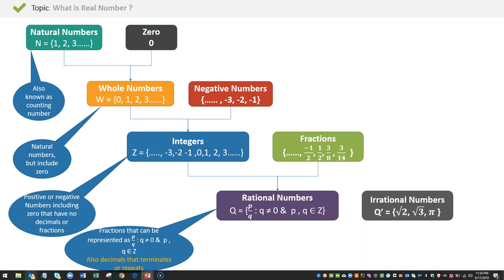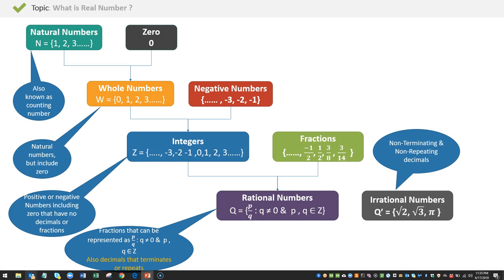Irrational numbers, generally represented as Q dash, are a combination of numbers like square root of 2, square root of 3 and pi, etc. They are the numbers which, when you try to convert them into decimals, are non-terminating and non-repeating.